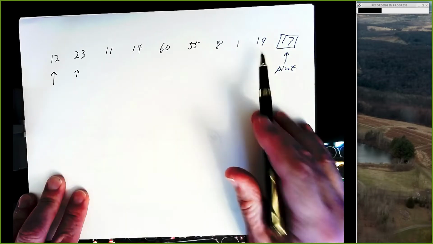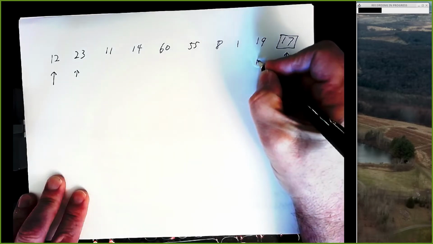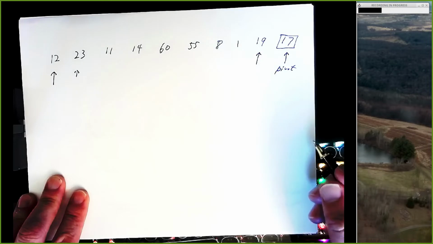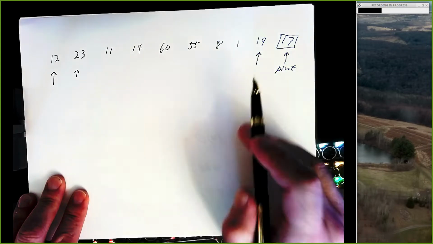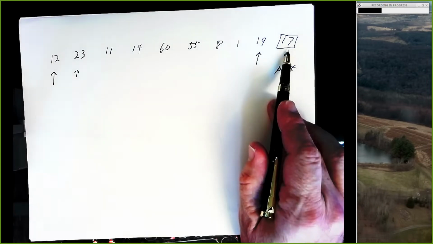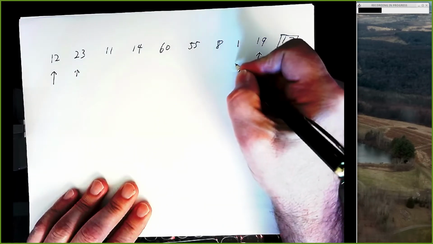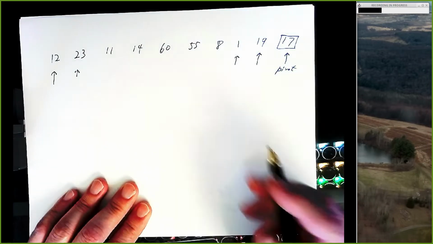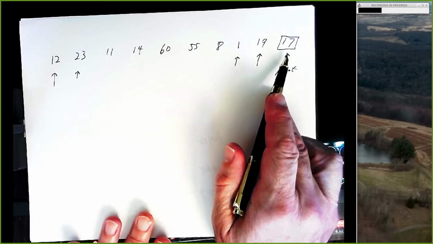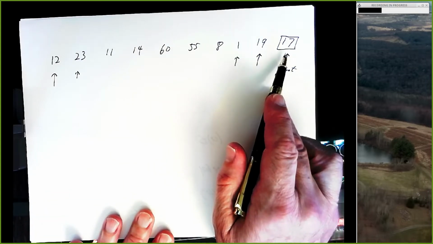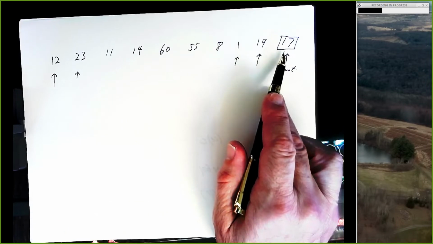We're going to start over here at the right side, and we're going to say, let's compare this to our pivot and make sure it's greater. So if 19 is greater than 17, no problem. Let's move a little further to the left and look at the number 1. 1 is not bigger than 17. So now we've identified two things.